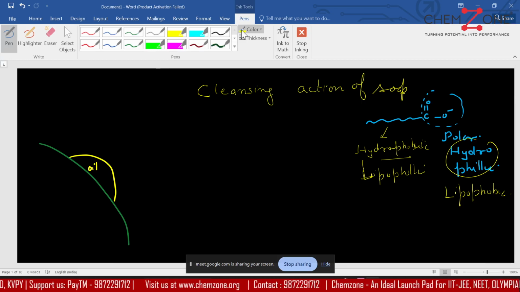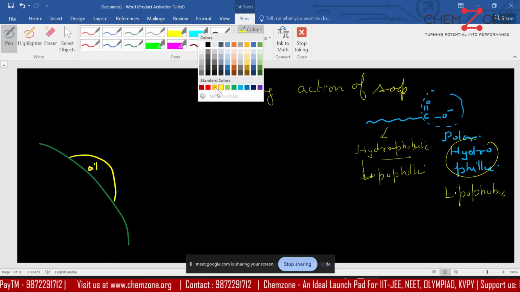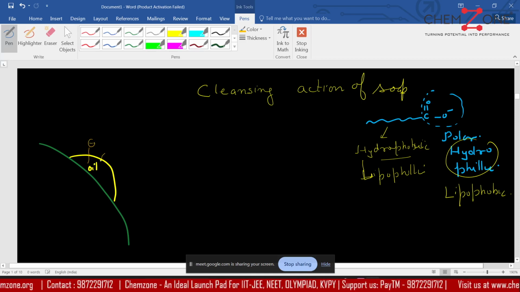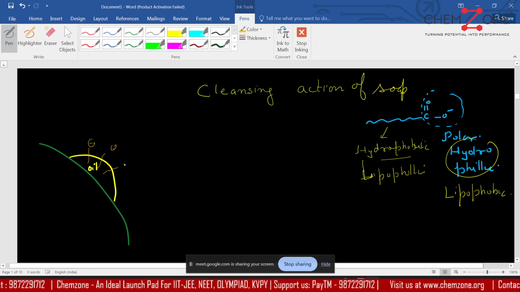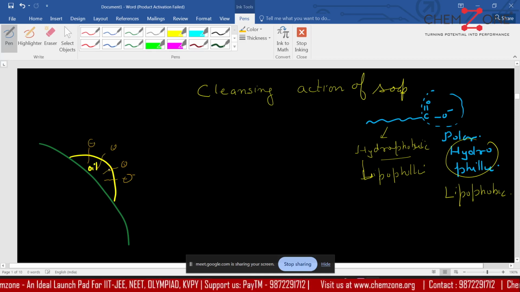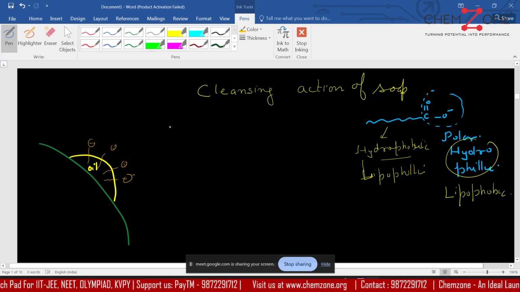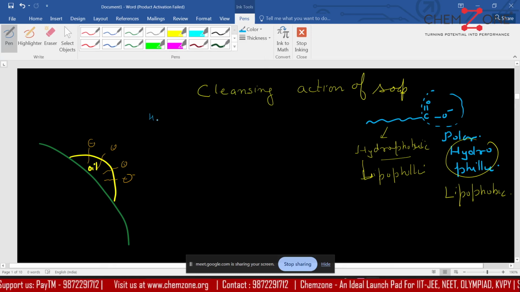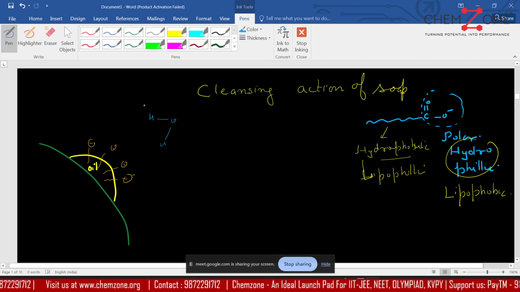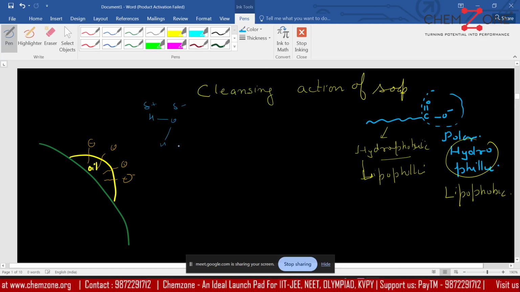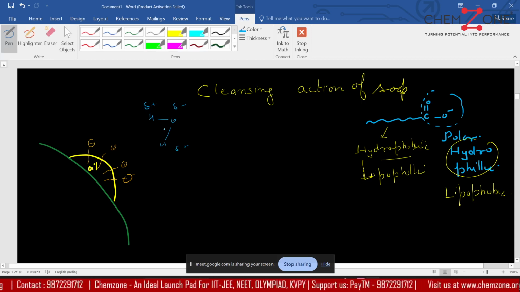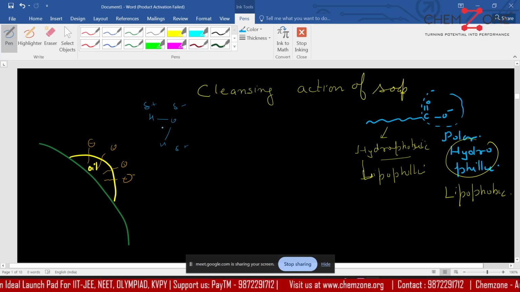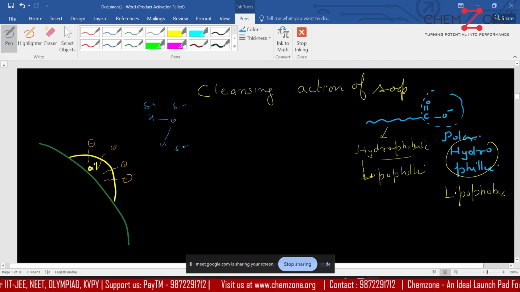So the soap's lipophilic part goes inside the soil and the hydrophilic part towards the water. And these are water molecules. Do you know that these are polar molecules? These are polar molecules, right?